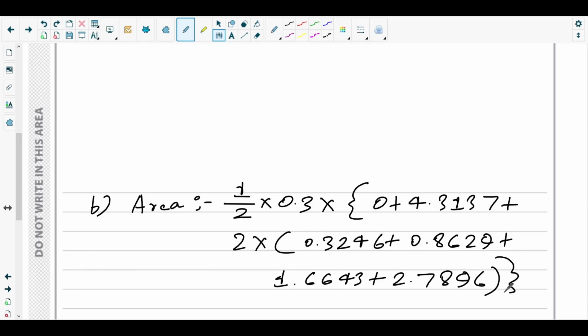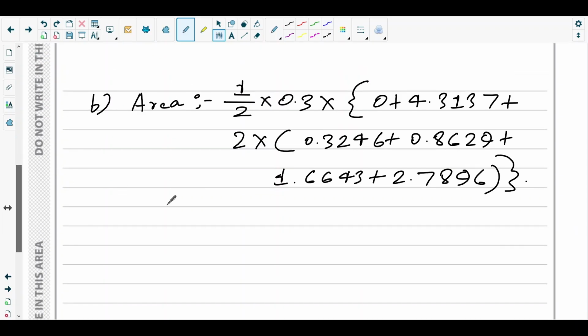Now close the bracket. That's it. Now just calculate using your calculator. You will get the value.